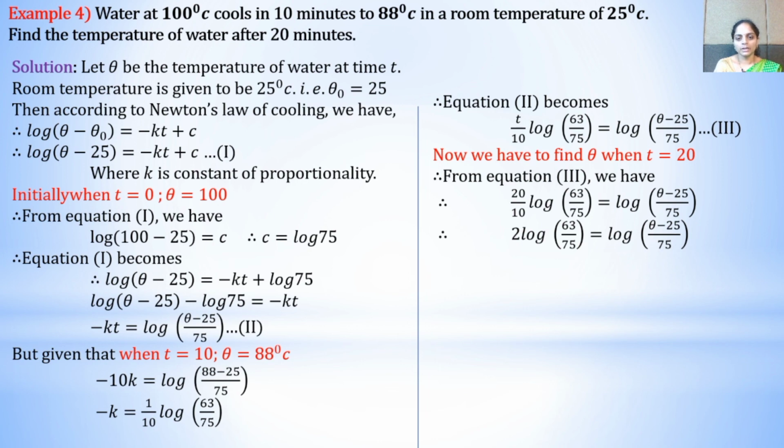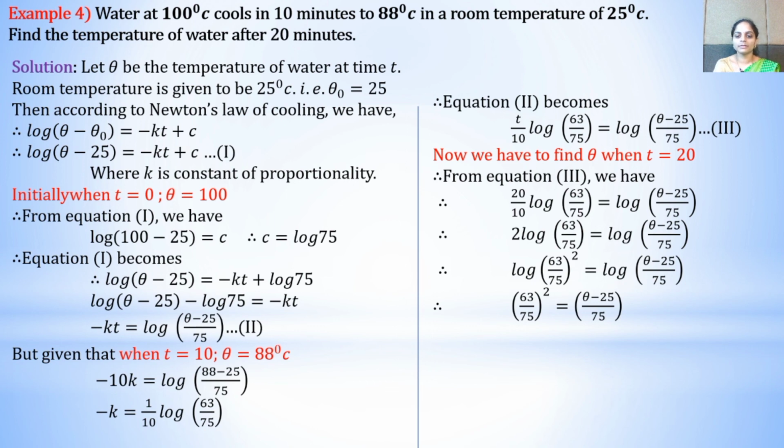We know that n into log m is equal to log of m raised to n. Therefore, log of (63 divided by 75) squared is equal to log of theta minus 25 divided by 75. Also, we know that if log m is equal to log n, then m equals n. Therefore, (63 divided by 75) squared is equal to theta minus 25 divided by 75.